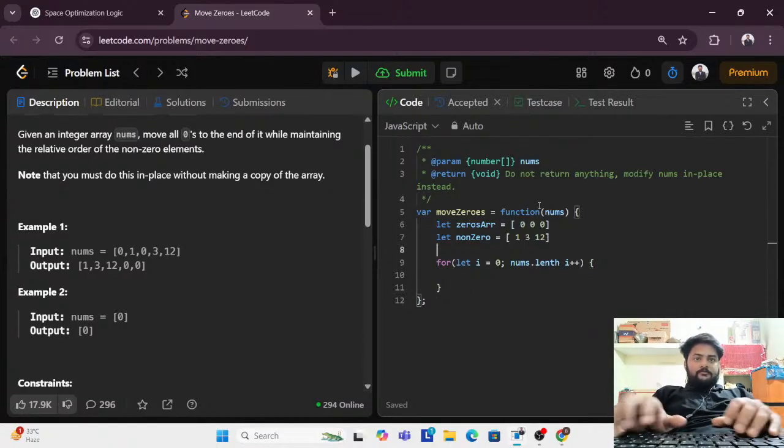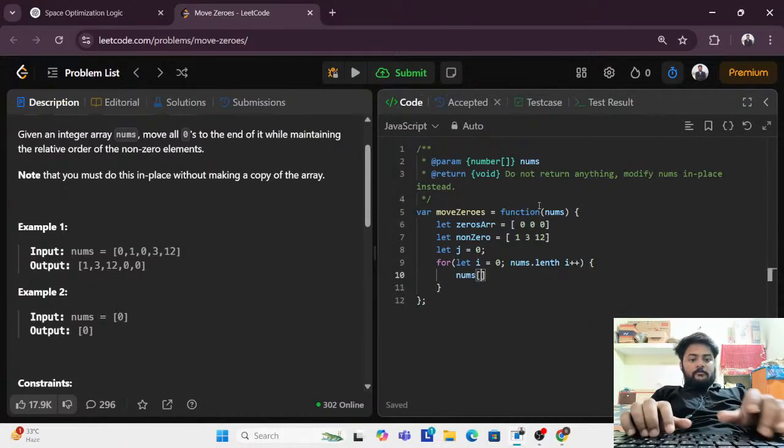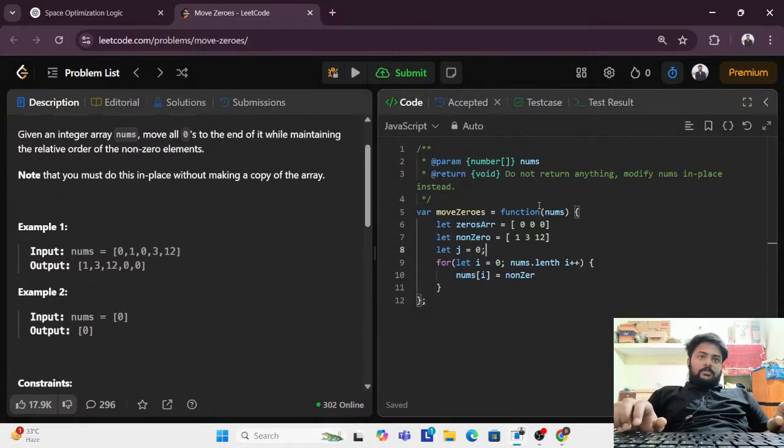I can store let j, and what I would have done is nums of i equals non-zeros, whatever it is, right?